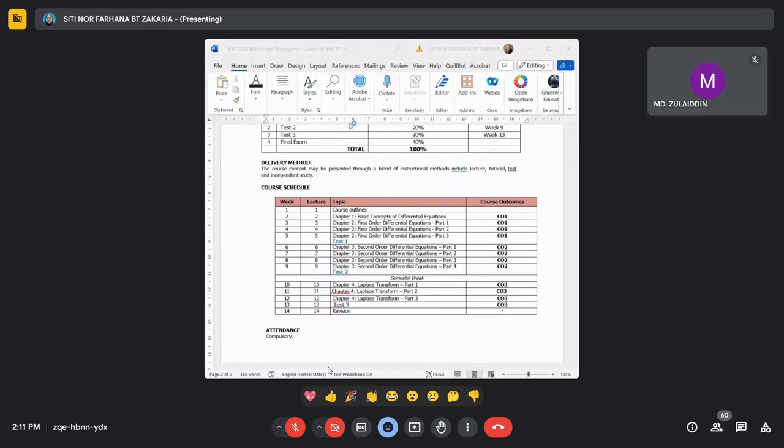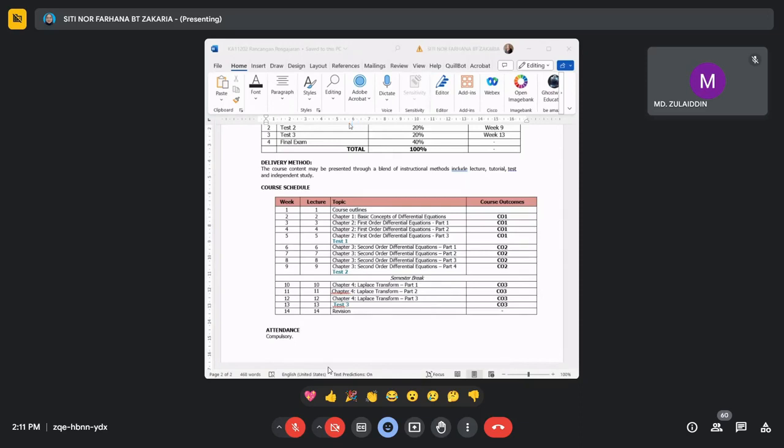Let me share with you some facts. Saya dah conduct this subject for 2 batches. Sepanjang these 2 batches, no one failed. Alhamdulillah. So I hope this batch boleh continue the grade.